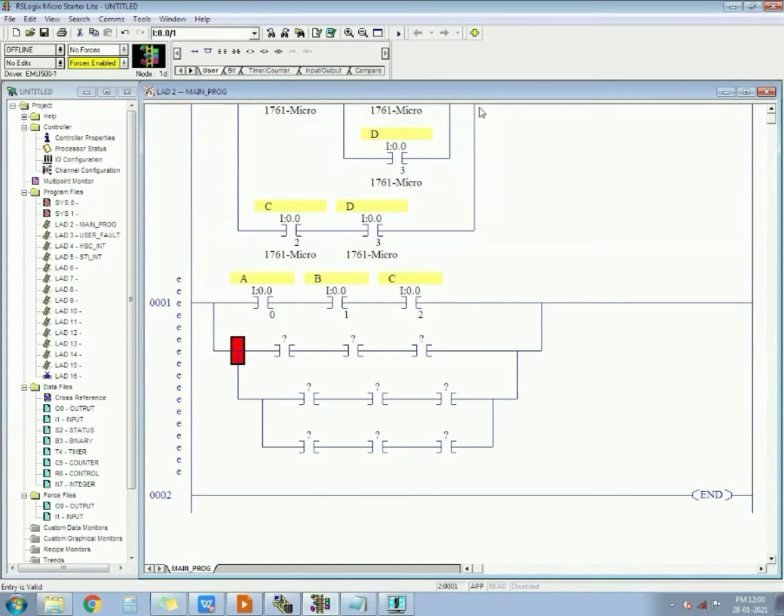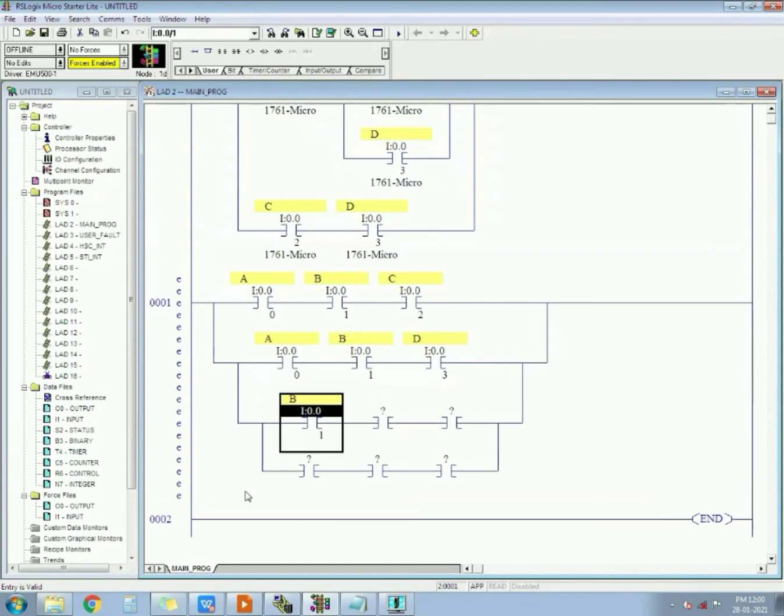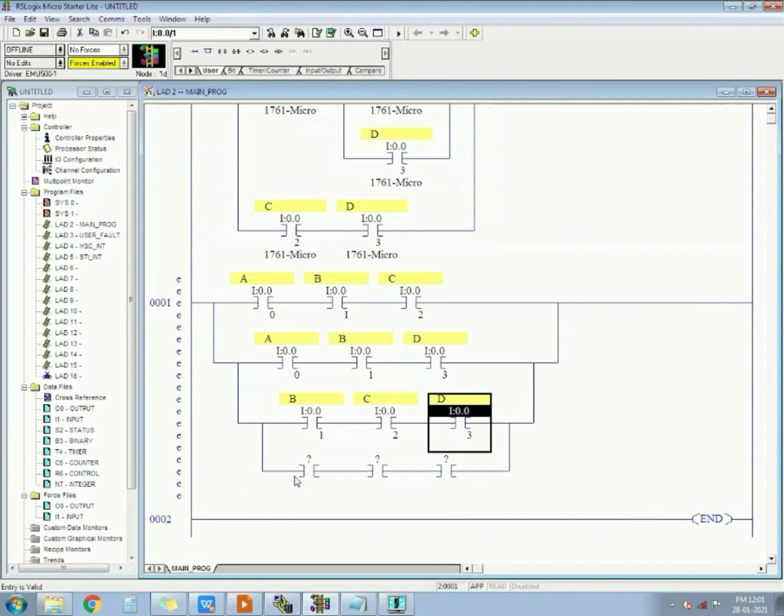Next, I1:0/0 A, I1:0/1 B, and D, I1:0/3 D. Now again, I1:0/1 B, I1:0/2 C, and I1:0/3 D, BCD.